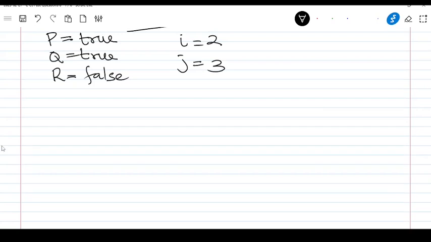So now let's go for the first one. Let's evaluate the given expressions.